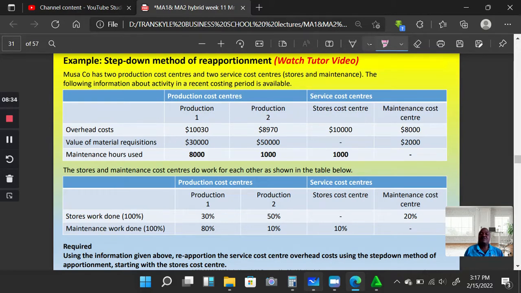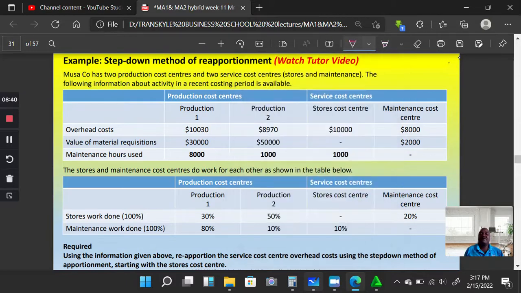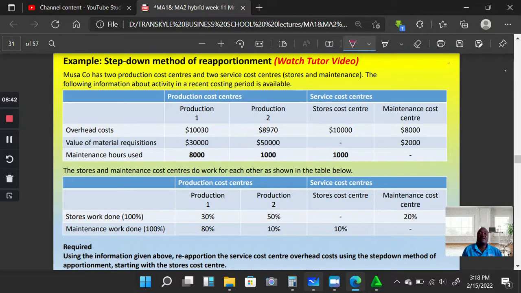That's Musako. The service cost centers are stores and maintenance. The following information about activity in a recent costing period is available. So these are the information where we are having production cost center 1 and cost center 2. These are the production cost centers.